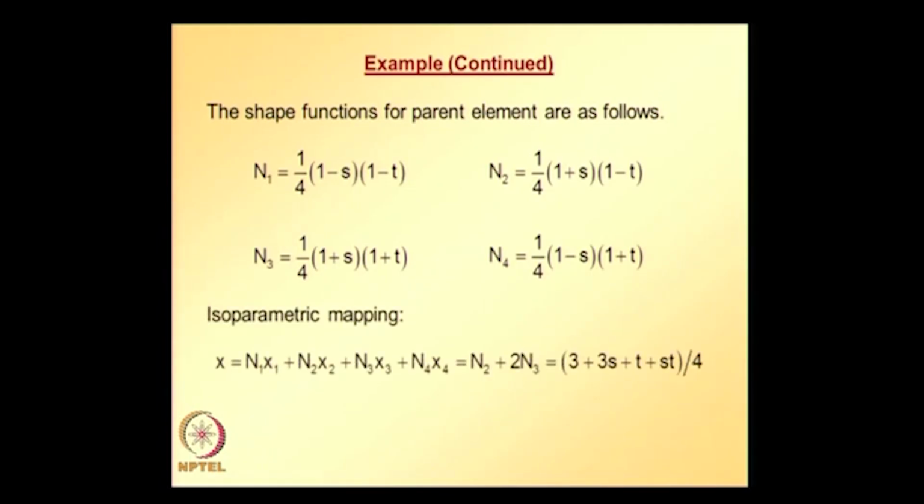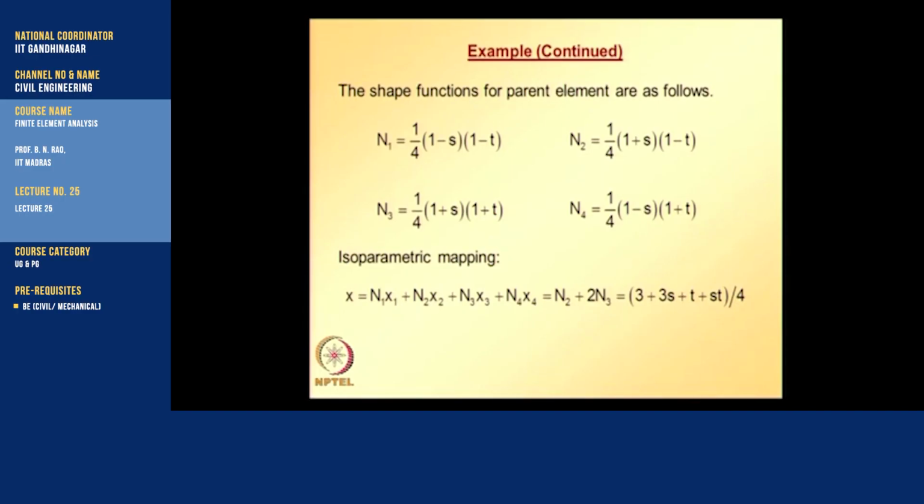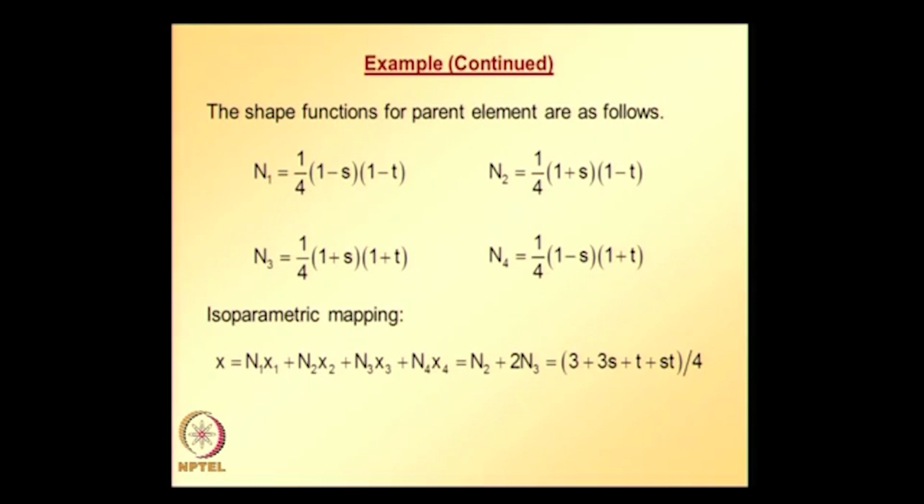So, we can easily write the expressions for isoparametric mapping. x, how it is related to s and t, is given by x is equal to N1 x1 plus N2 x2 plus N3 x3 plus N4 x4, where N1 to N4 are shape functions of the parent element which are given, and x1 to x4 are the nodal coordinates of the actual element.